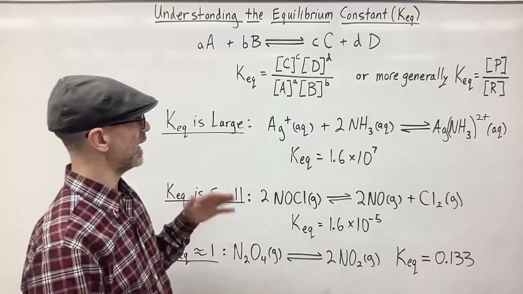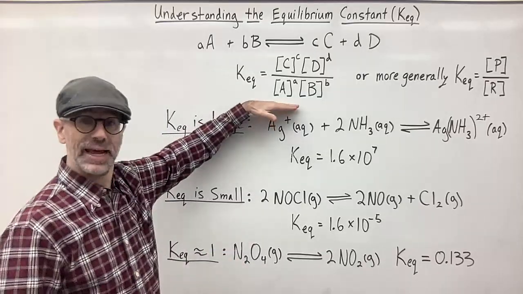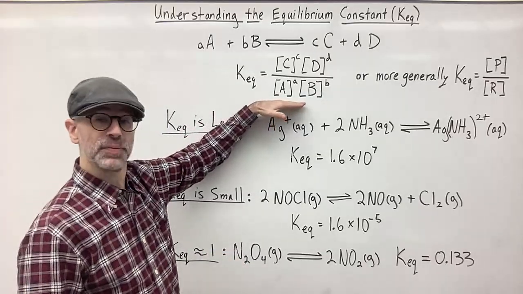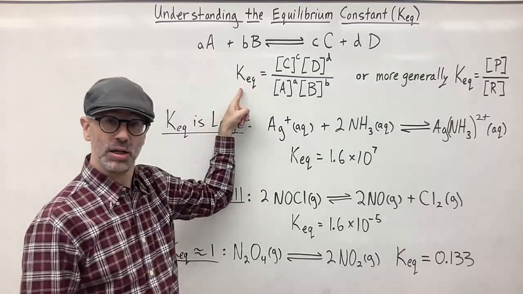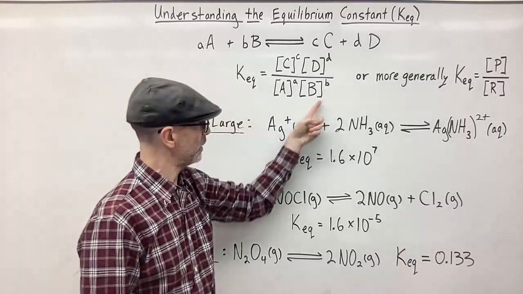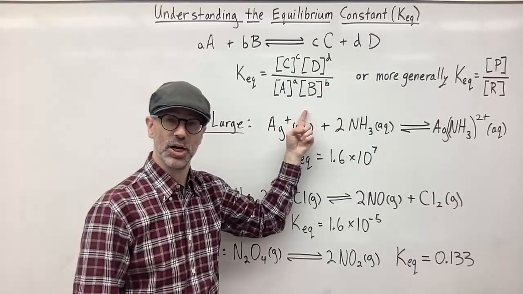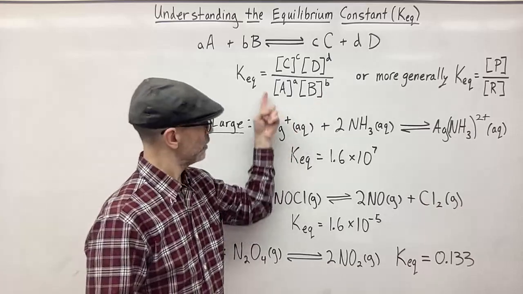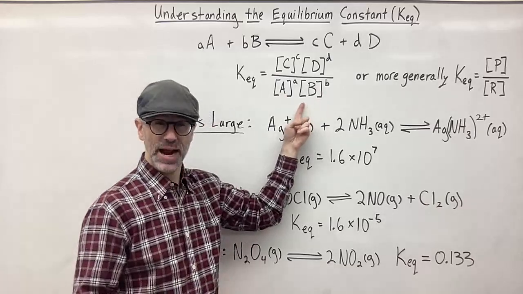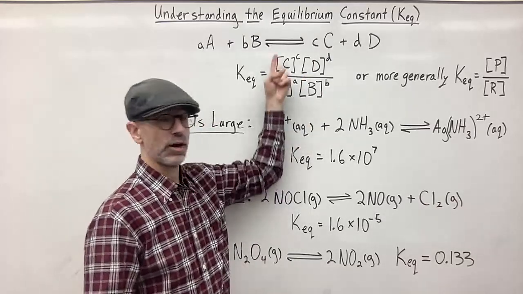What does that mean? Again, going to our KEQ expression here, if KEQ is small, then that means that the denominator is much, much bigger than the numerator. The denominator has the reactants, the numerator has the products.